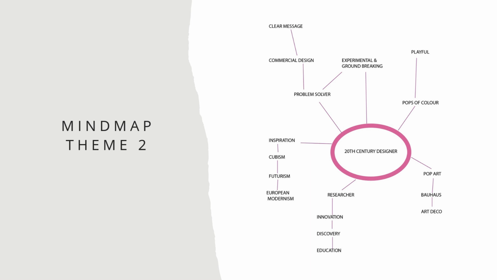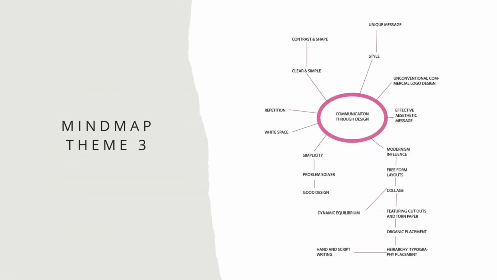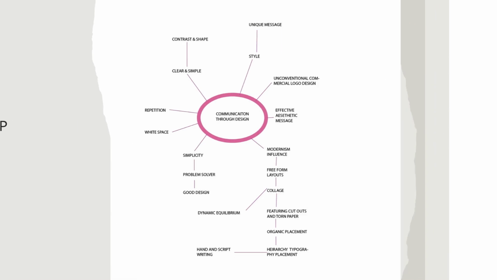So I looked at the influences around that. Theme 3, Communication Through Design. I really like this as a theme because it really is everything design. So it's clean and simple, repetition, the way he uses his white space, style.